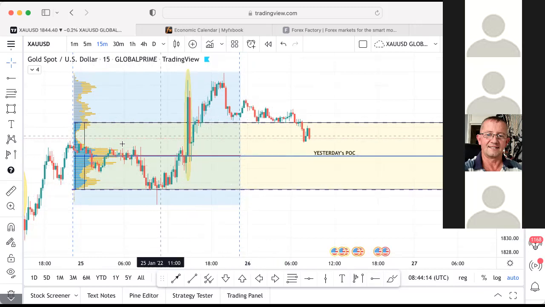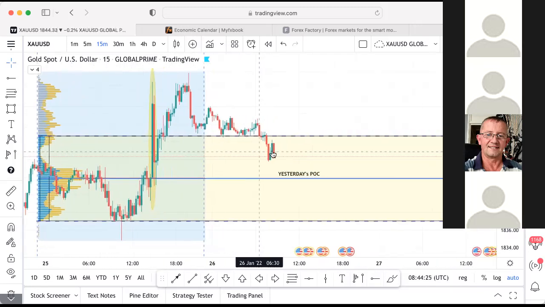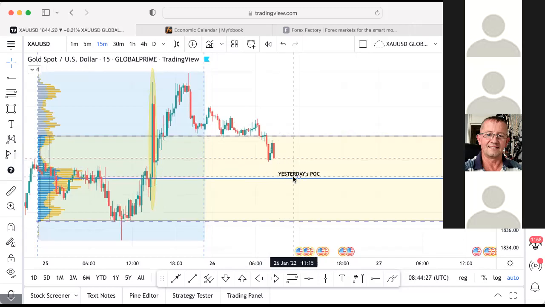There are trades to be had within the value area. I would say the reason Jeff initially started with this area was because they are actually safer trades. It's safer to trade within the value area than when it goes outside. So that's why, particularly for new people, you should just get used to taking these trades within the value area.